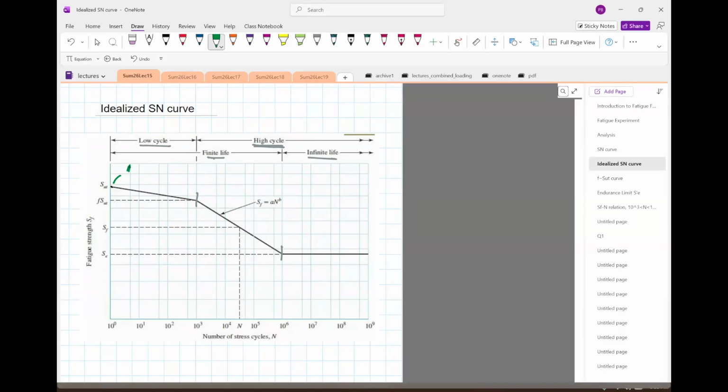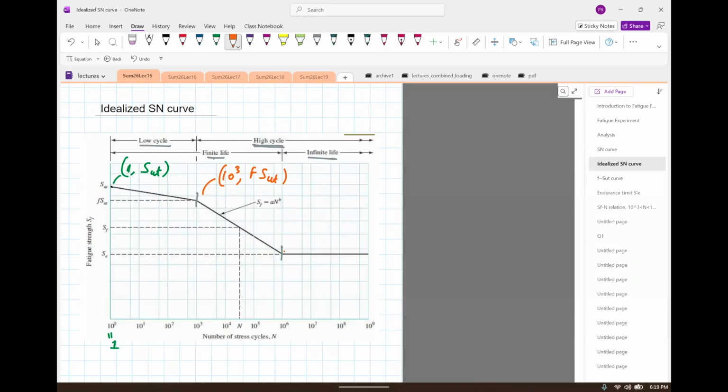So this is one cycle, 10 raised to 0 is 1, right? And then the y coordinate is SUT. For this point, we can see that it is 1000, and then the y-axis is f times SUT. What f is will be clear in just a bit. It's a fraction of SUT, clearly. f is clearly less than 1.